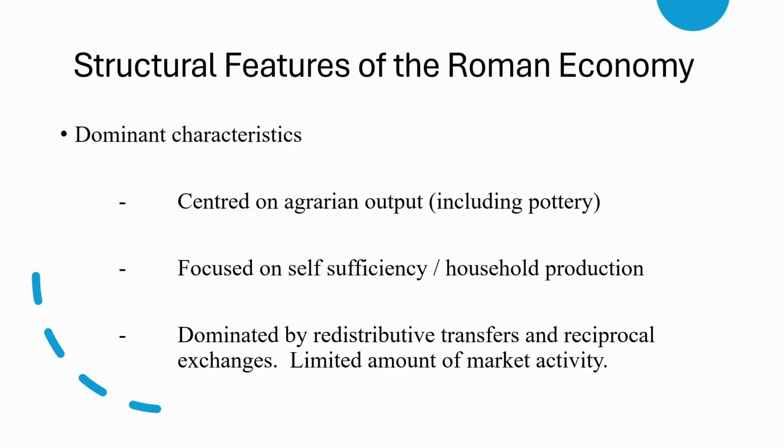And finally, the role of the Roman state. The Roman state was, of course, a major player in the economy, both through the annona, the agricultural composition of the tax system, and the redistribution to supply the military and the state's other actors.